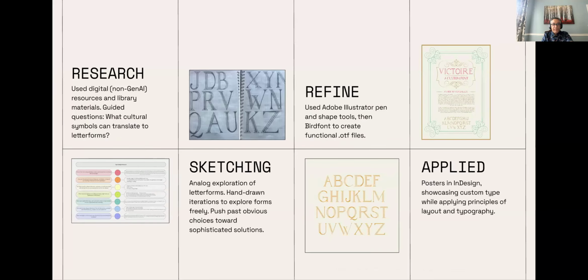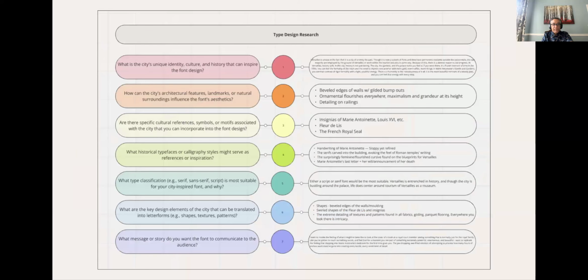So I'm going to show you a couple students' work. In the process we went through, research is also really important in our classes. For this project, each student had to pick a city, and their custom type would be inspired by that city. This student chose Versailles, and you can see that one of the first things we do is research.